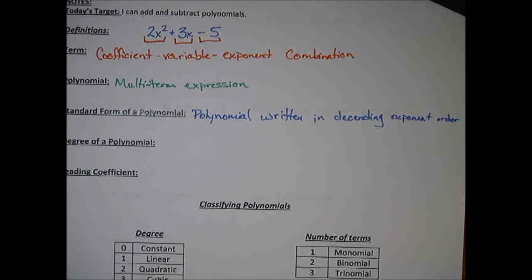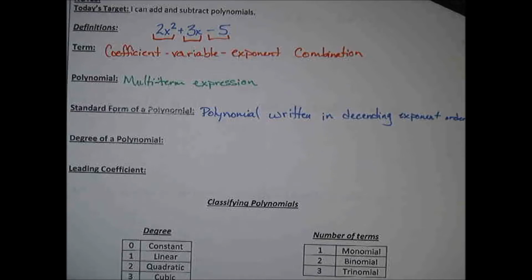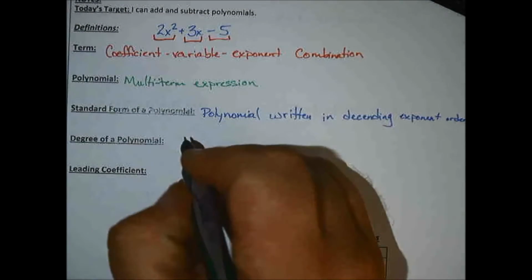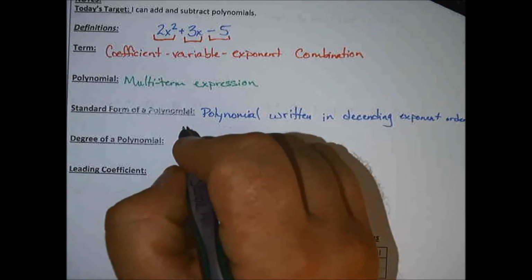And descending exponent order just means that I have my highest exponent first, and then my next highest exponent, and then my next one. And there's a really formal way to write that out, but it just gets ugly, so bear with this.